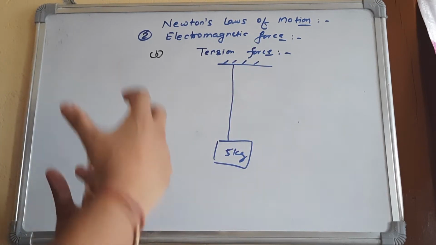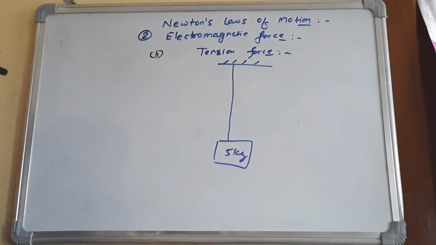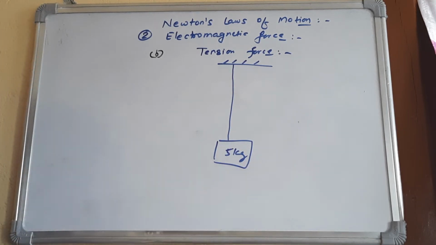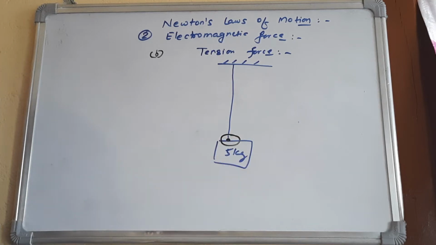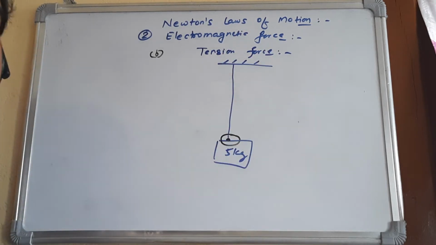It will get stretched by some negligible length, but it will exert a force by which it will stretch. It will experience a force because of this block. And that force is basically because of a tension created at this junction contact. So this is again an instance of electromagnetic force which is bringing a tension in this string.